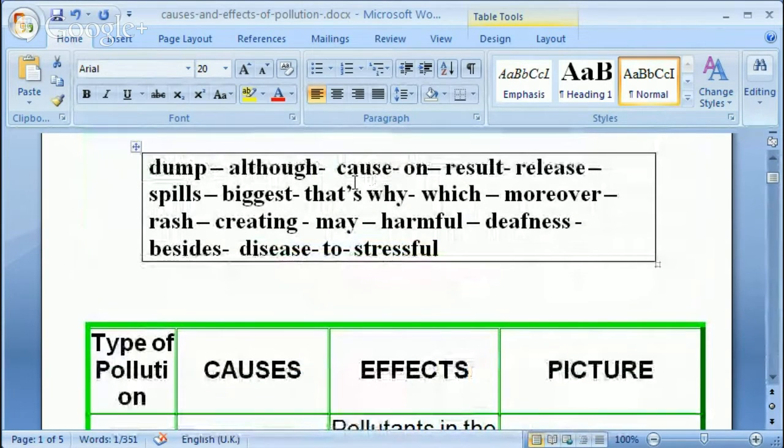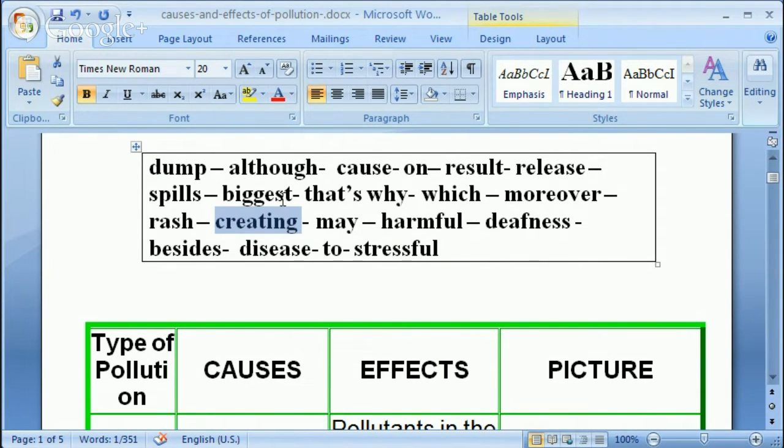All right. So what could we use? Dump. We can eliminate some answers. Dump, cause, release. Creating, but that doesn't fit the verb tense. So we can eliminate a lot of possibilities.